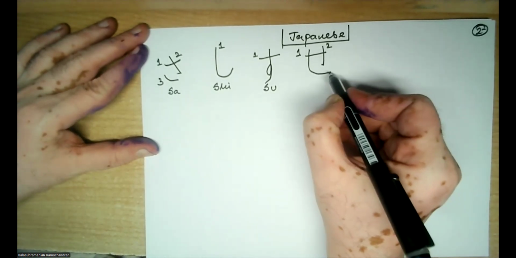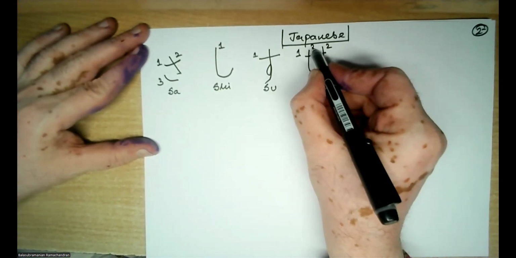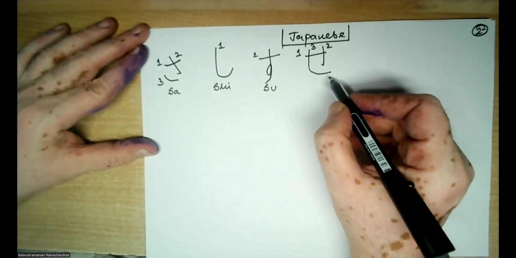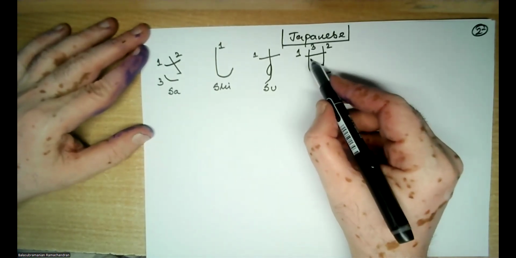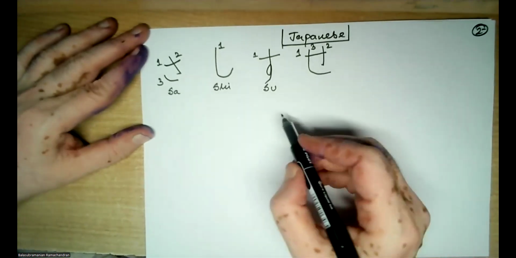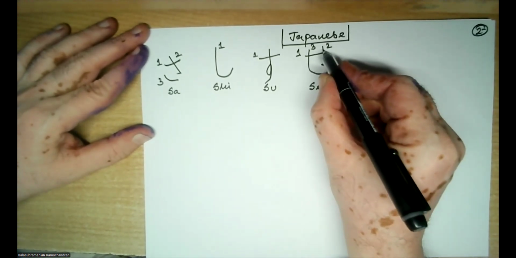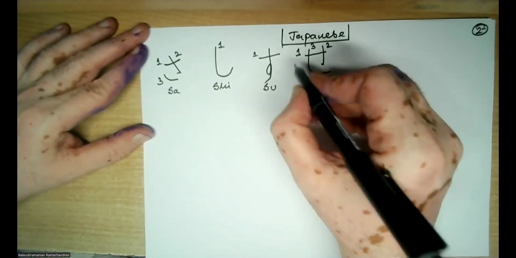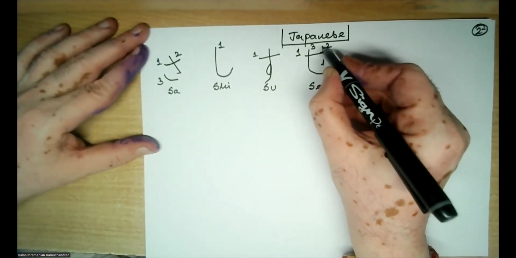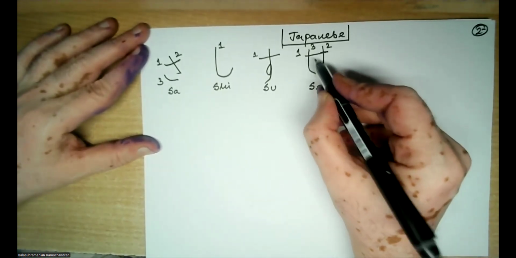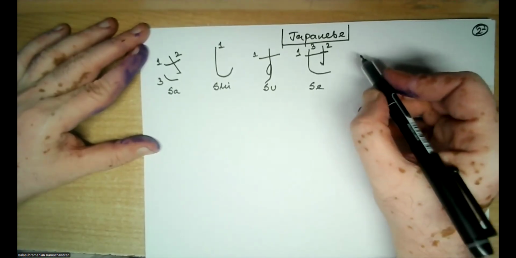Usually you may think the second stroke comes first and then the third stroke will come second, but that's not the case. So it's written like this: 1, 2, and 3. I'm just tracing my pen over the strokes. So 1, 2, 3, se.